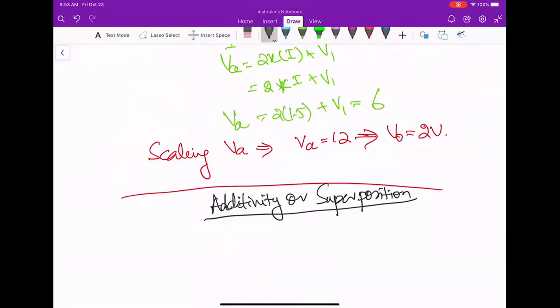We cannot just reduce the number of sources like that if there are multiple independent sources in the circuit. So how can we reduce the number of independent sources? We are just talking about independent sources now. They can be current or voltage.